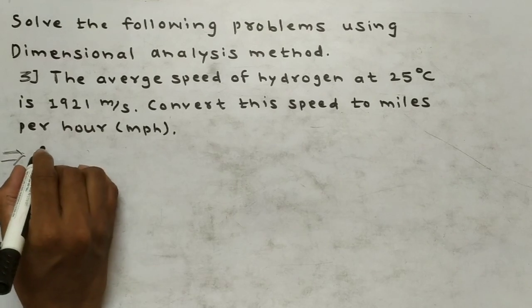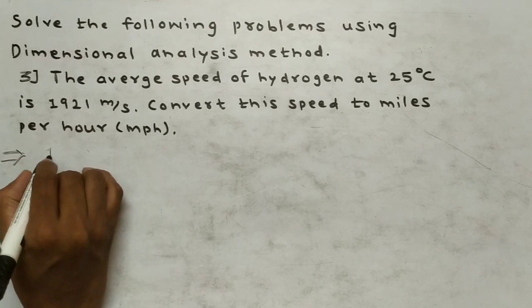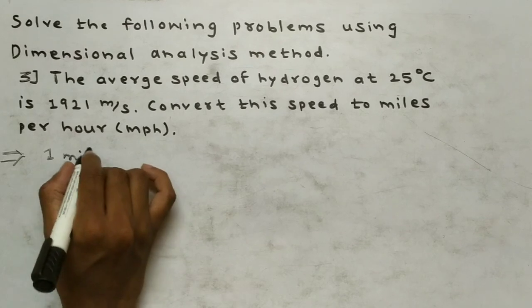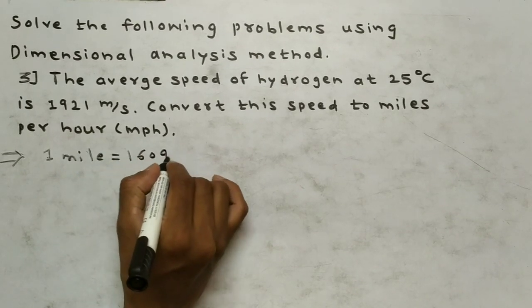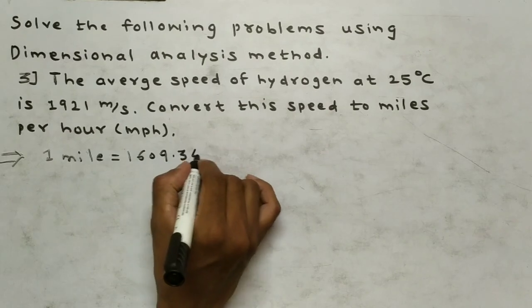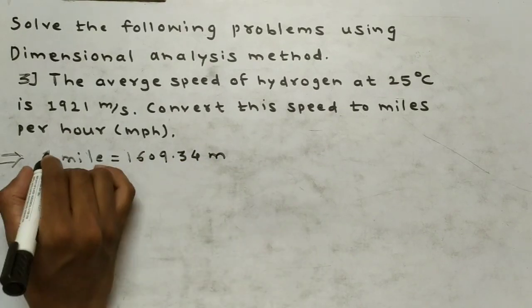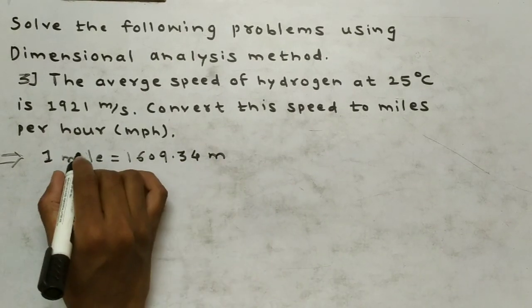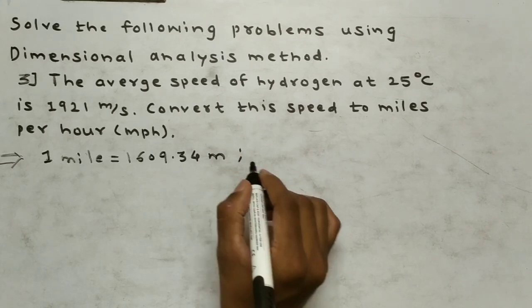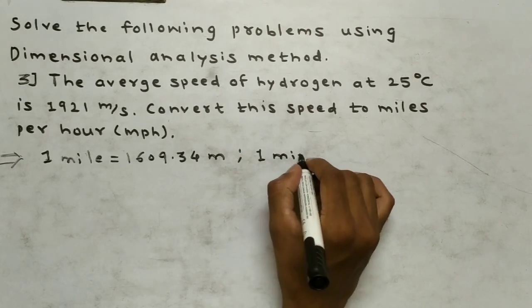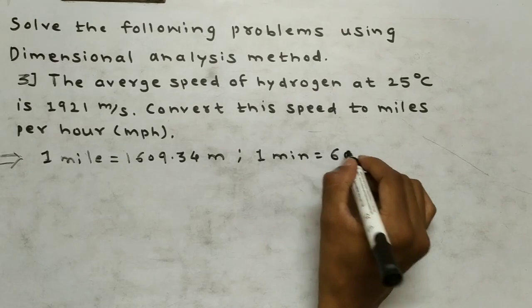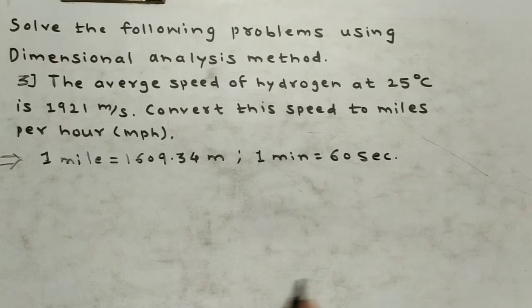So we know 1 mile equals 1609.34 meters. Also we know 1 minute equals 60 seconds.